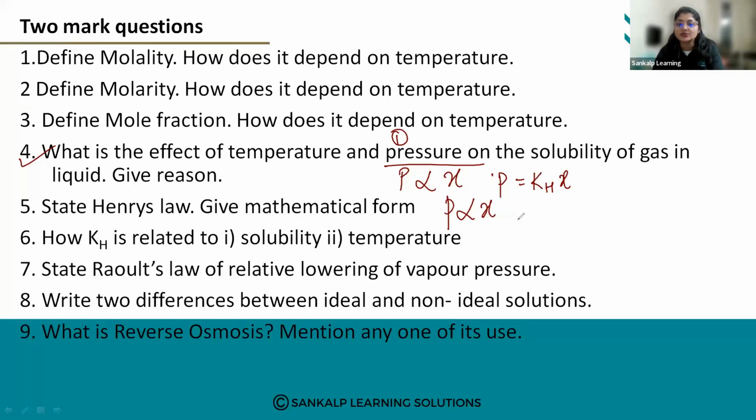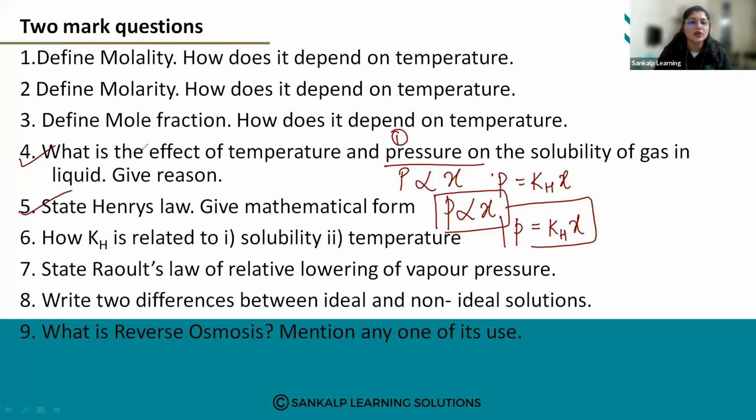When you remove the proportionality sign, you introduce a proportionality constant, that is p equals Kh into chi. So for the law, 1 mark, and for the mathematical expression, another mark. Is it understood?